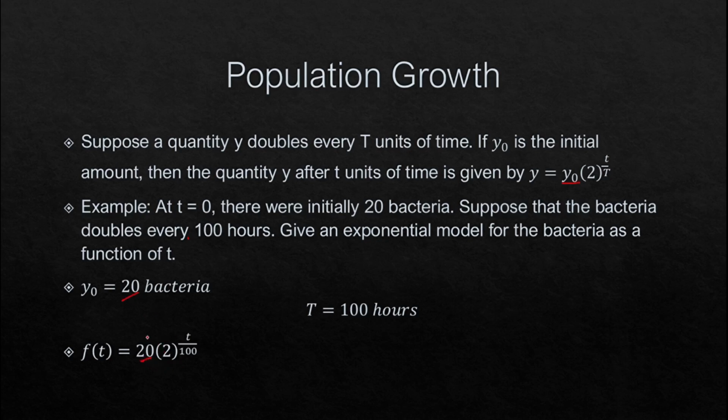So our function of time is f of t equals 20 times 2 raised to the power of t over 100, where t is the unknown variable.